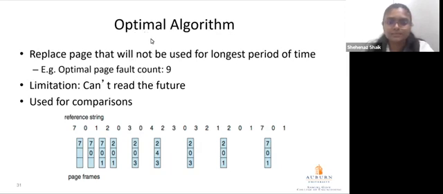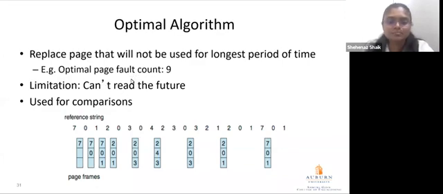As you can see, this is the optimal approach, or more like a conceptual approach, because we cannot really predict the pages that are referenced by a particular process at any time in the future.